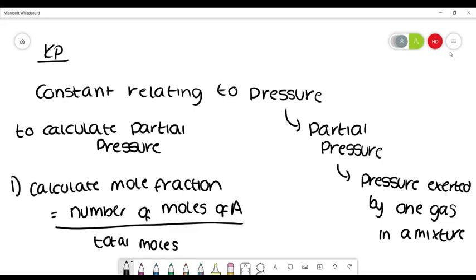Then times your mole fraction by the total pressure, which equals PA. P is partial pressure.